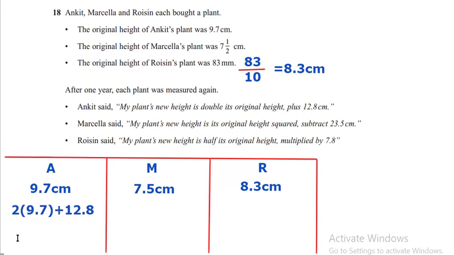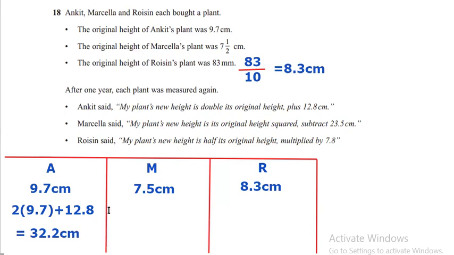And this will give me the final height of his plant. So let's do this in the calculator. 2 times 9.7, and then plus 12.8. And the final answer is 32.2 centimeters. As they said, you must give units with every answer you have, okay? So the final height of Ankit's plant is 32.2 centimeters.